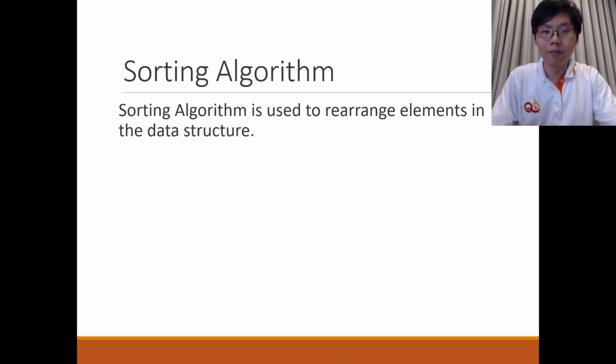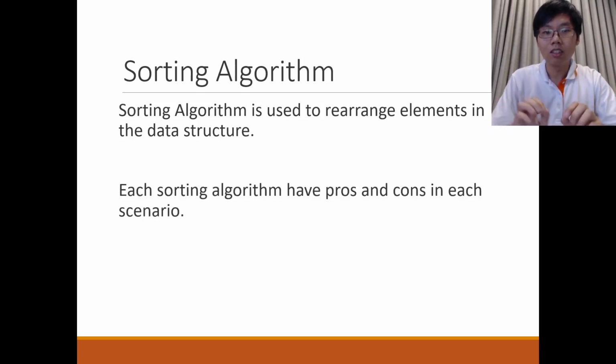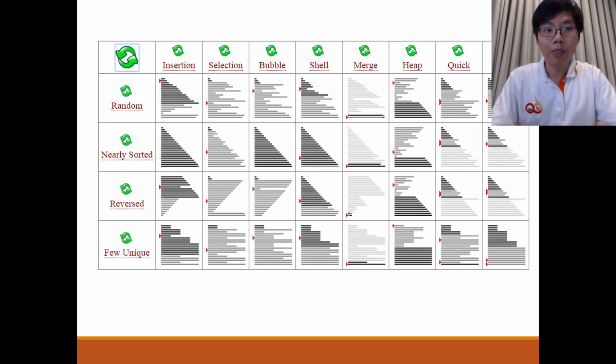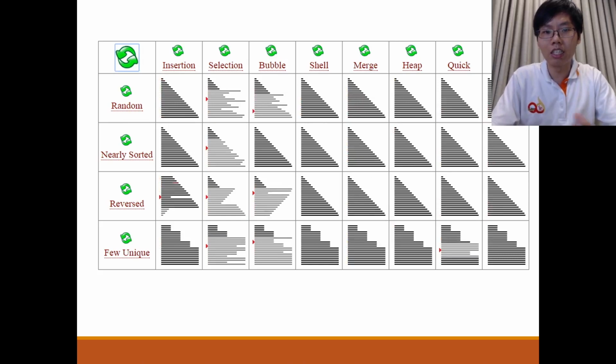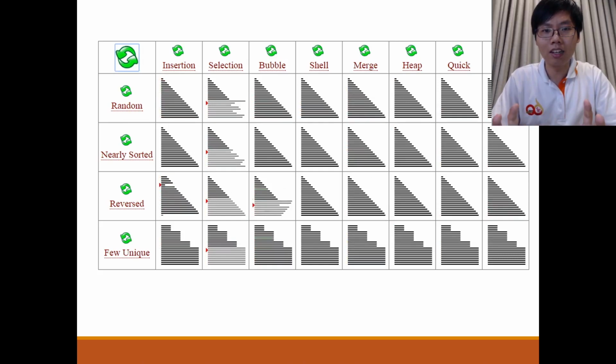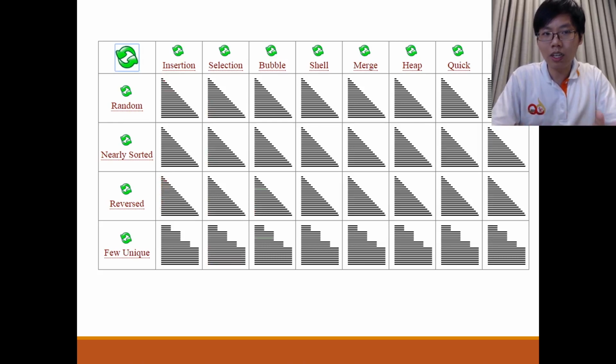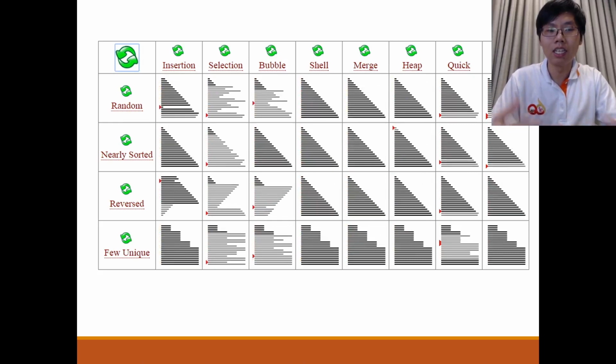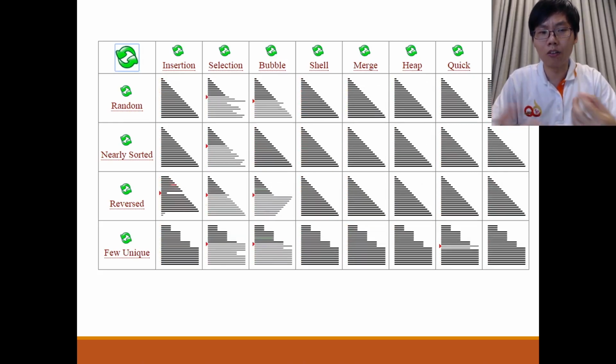In each scenario, different sorting algorithms perform differently and have benefits and disadvantages, like pros and cons, in different scenarios and circumstances. So we want to show you this animation, and you're going to realize that with different initial states of the data, different sorting algorithms work effectively or ineffectively, depending on the algorithm itself.